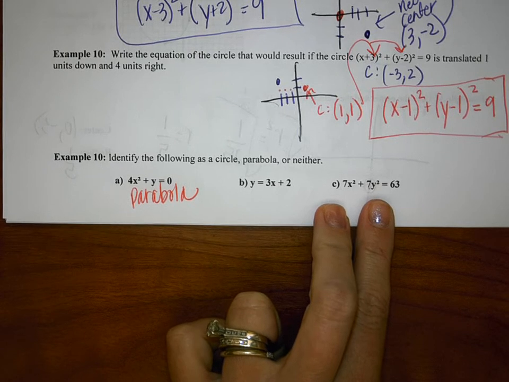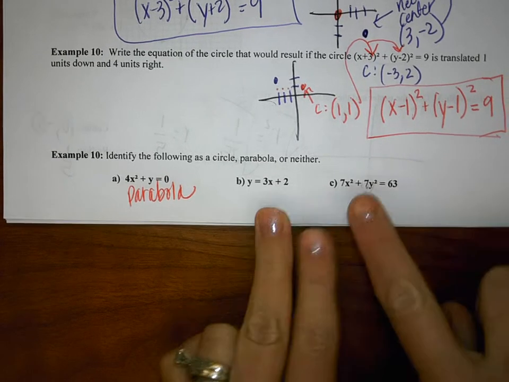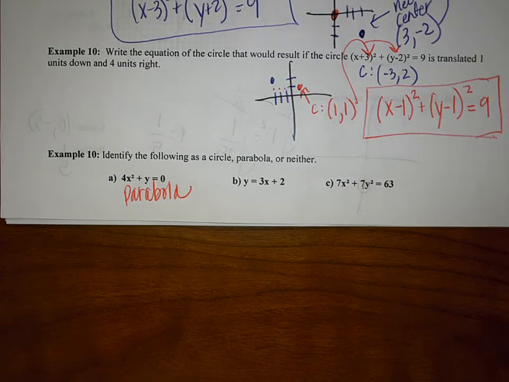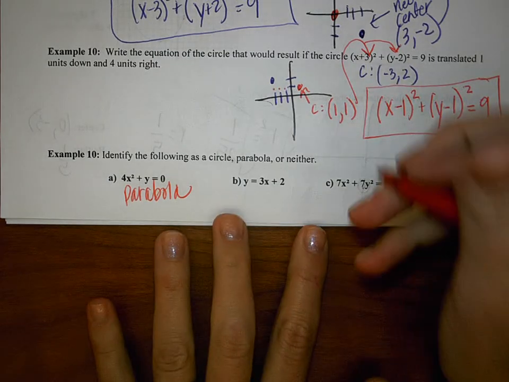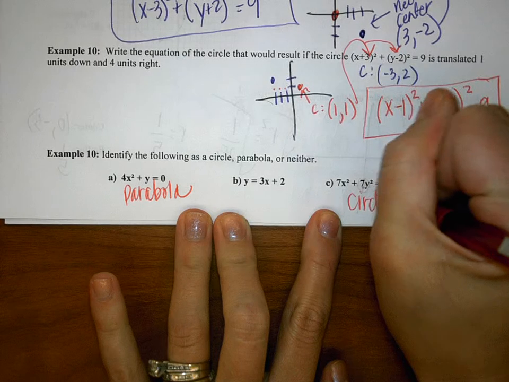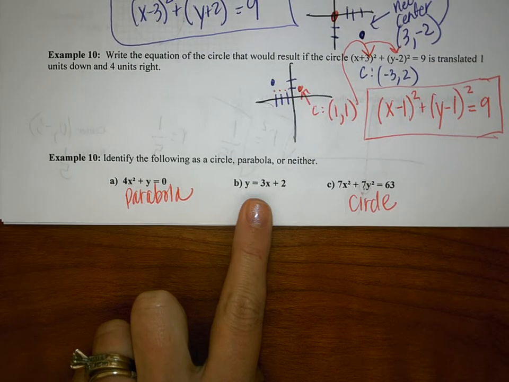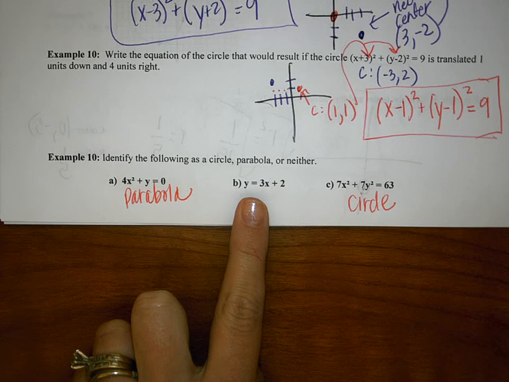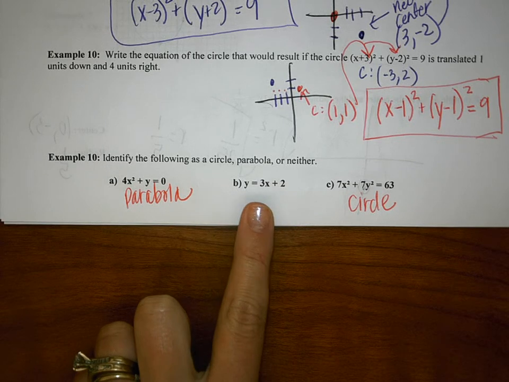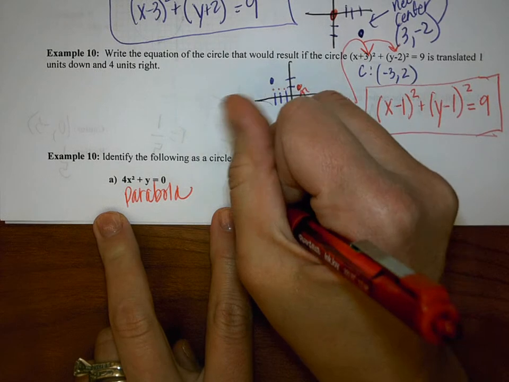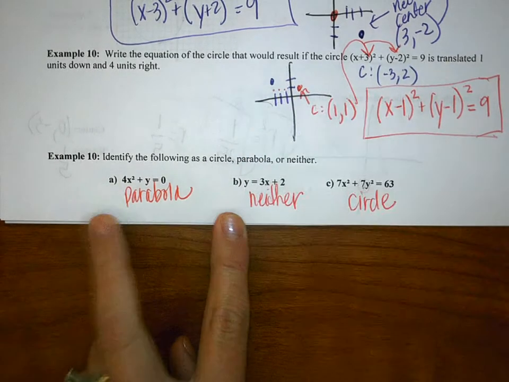So if they have the same numbers in front, it would be a circle. And this doesn't have any squared terms. What is this actually? Anyone know? It's actually a line. Y equals mx plus b. It's not a circle and it's not a parabola, so we would write neither. Okay?